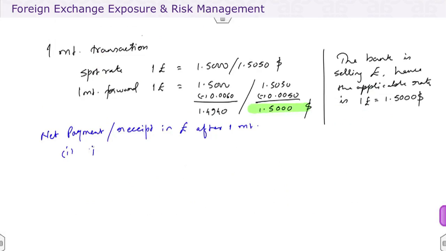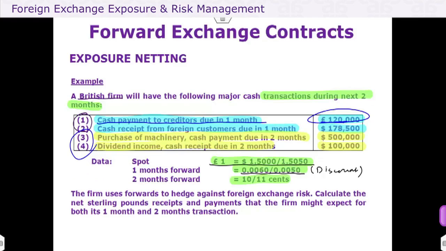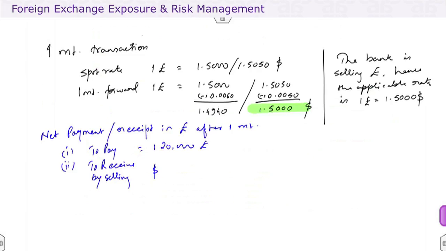So to pay, your obligation is 1,20,000 British pounds, and the second is what you receive. Since you're going to get receipts from the foreign customer due in 1 month, we're talking of this transaction, $178,500. So you'll set up the forward rate at that time.